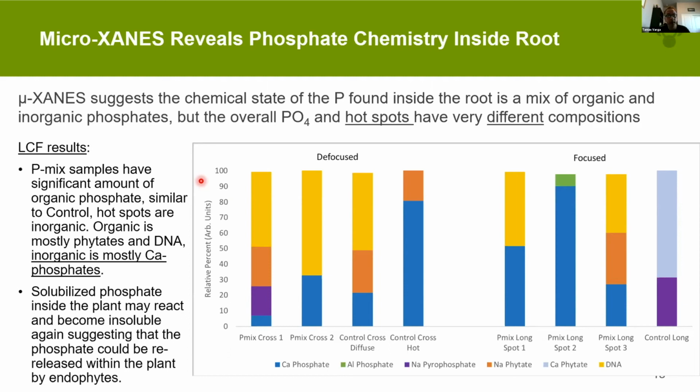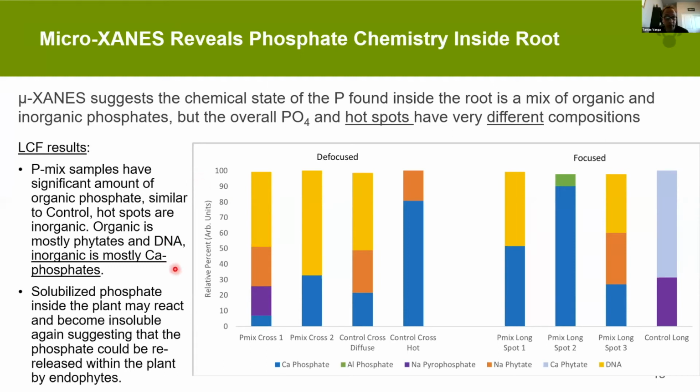Specifically, the PMIX samples have a significant amount of inorganic phosphate, which were in the hotspots, and those corresponded to mostly calcium phosphates. And this is consistent with the assumption that the tricalcium phosphate was solubilized and then ended up inside the root in some form.